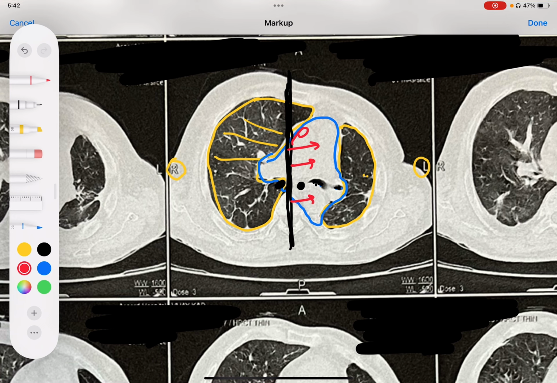And we know if there is fibrosis or collapse, the lungs get pulled toward that side. So we know that the lung is extensively damaged, extensively fibrosed, and there is significant volume loss of the left lung field, which is pulling the mediastinum and pulling the heart.